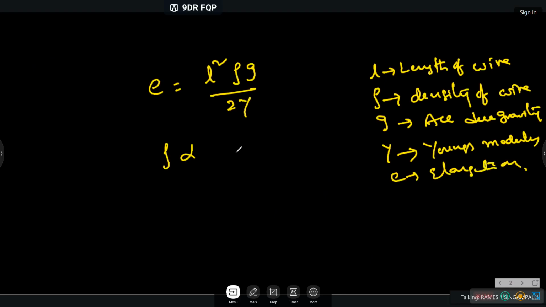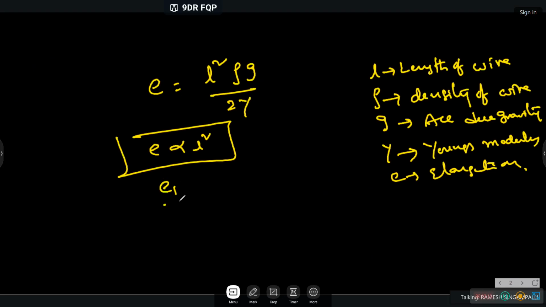So from here, E is directly proportional to L square. So E1 by E2 is equal to L1 square by L2 square. That's it.